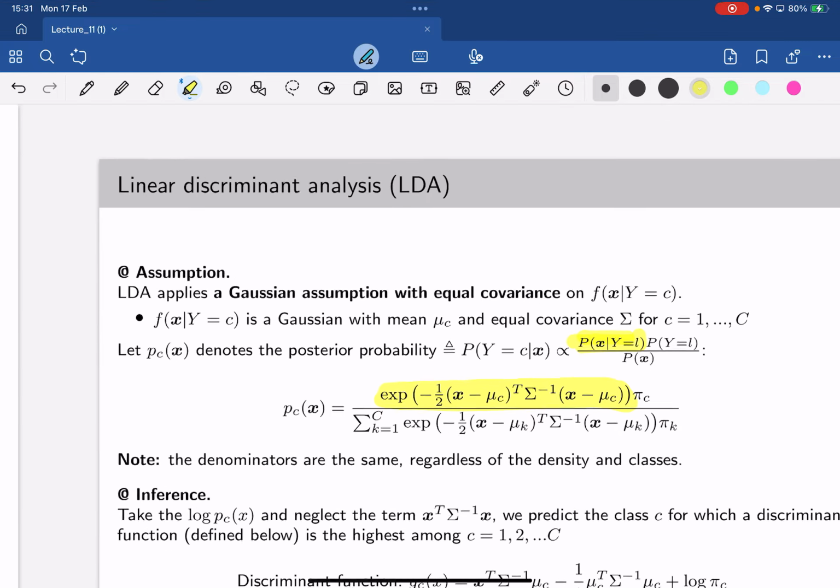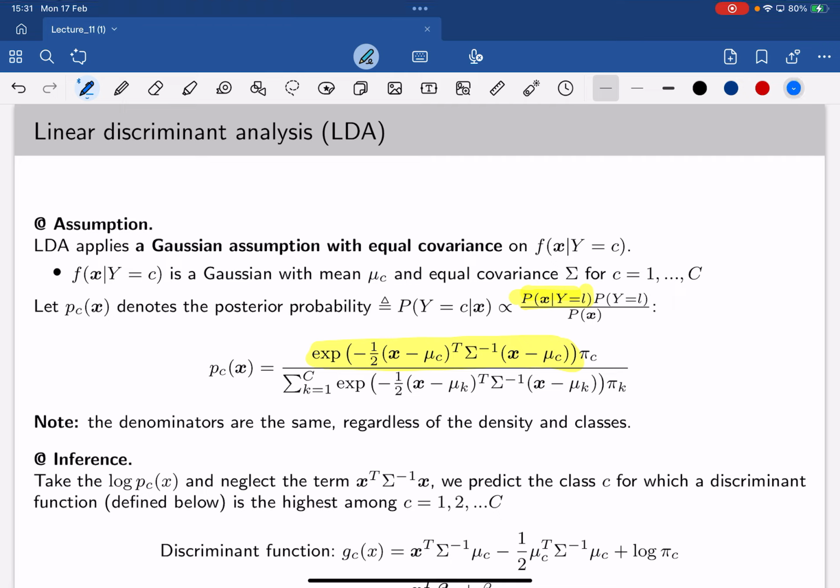Actually, I forgot to mention that in this writing, this is the same as probability of C given x.